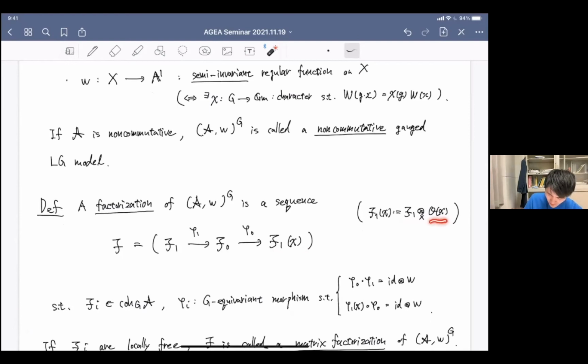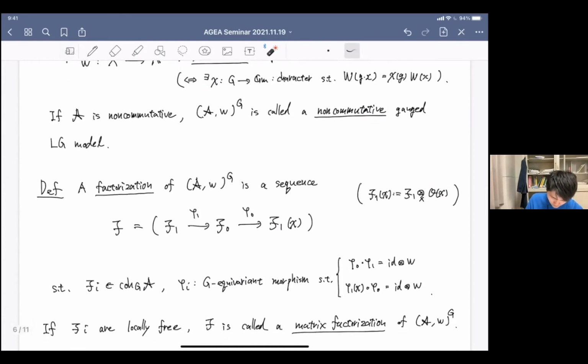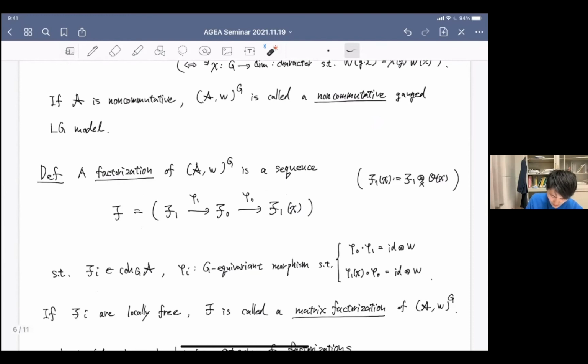O chi is the G-equivariant line bundle induced by the character chi. And if each Fi is locally free, then the factorization F is called a matrix factorization of the LG model.